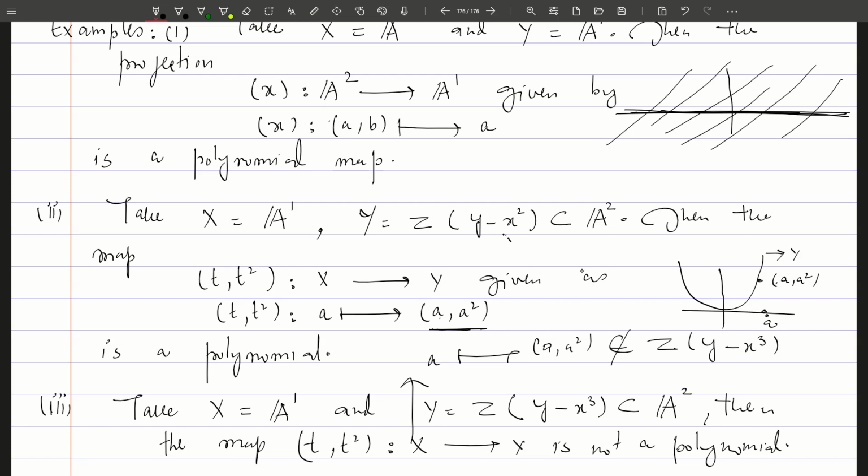If we let x be equal to a and y be equal to a square, then we have a square minus a cube, and that is not zero unless a is zero. So this is not the case here, so this is not a polynomial map.